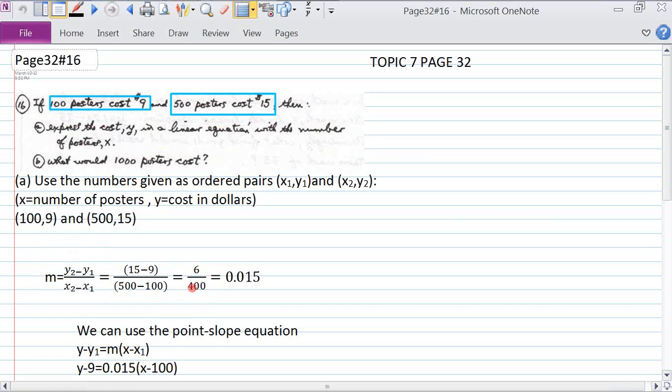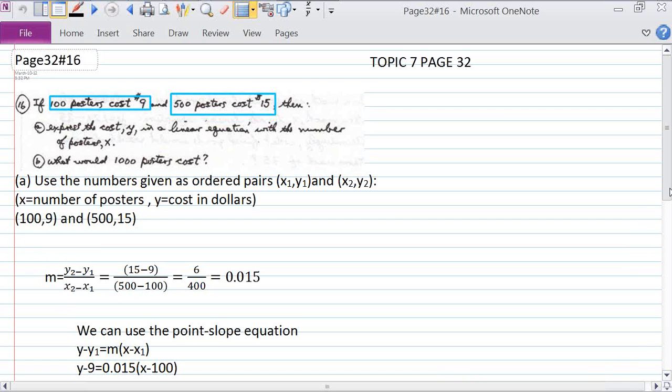So we get 6 over 400, which equals 0.015. So we know the slope. We can use the point slope equation and say y minus 9, if we use this as our y1, equals m times x minus x1, and that's 100.